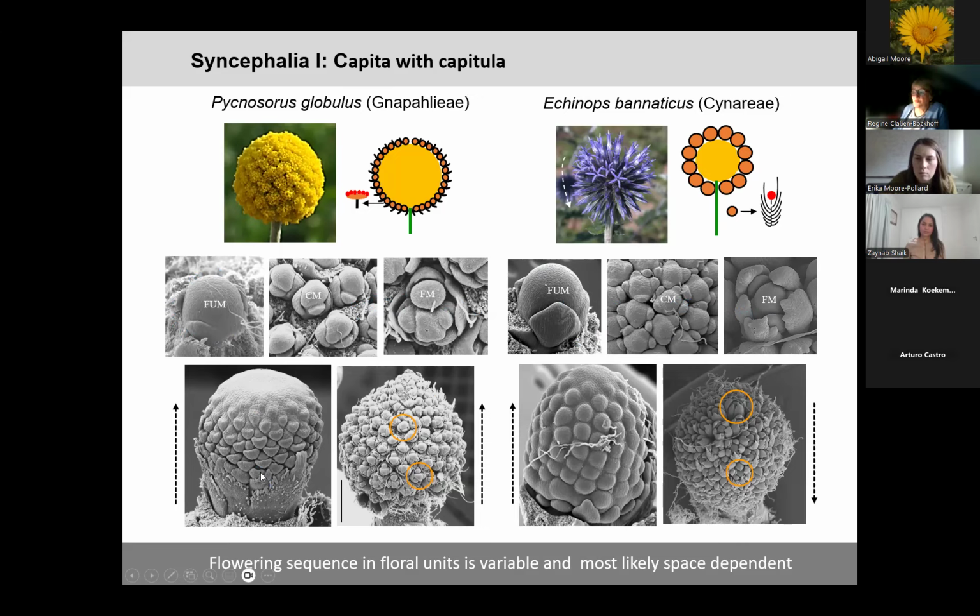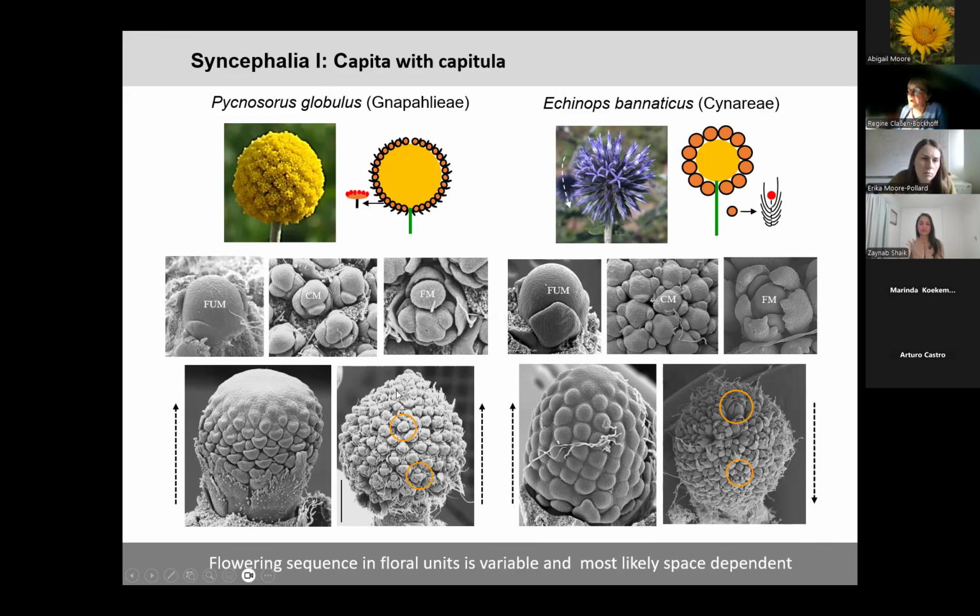And in Pycnosurus, we see that this fractionation is in acropetal direction. We have these drop-like meristems, which split into an abaxial scale and an adaxial capitulum meristem.